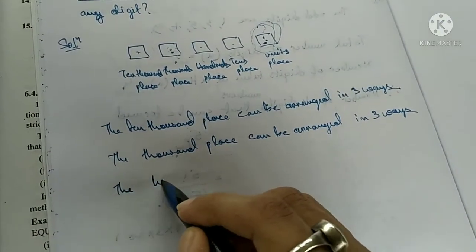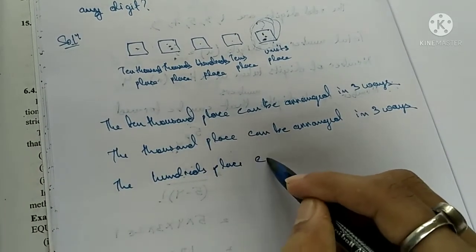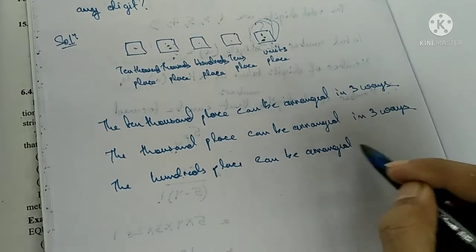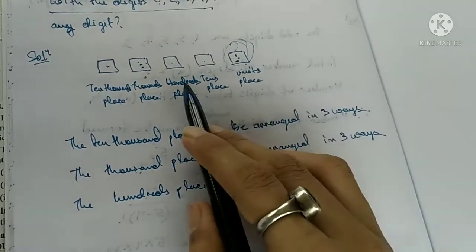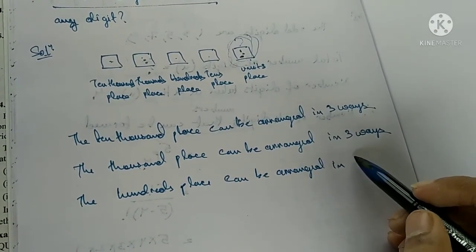Next comes the hundreds place. The hundreds place can be arranged in how many ways? 2 ways.